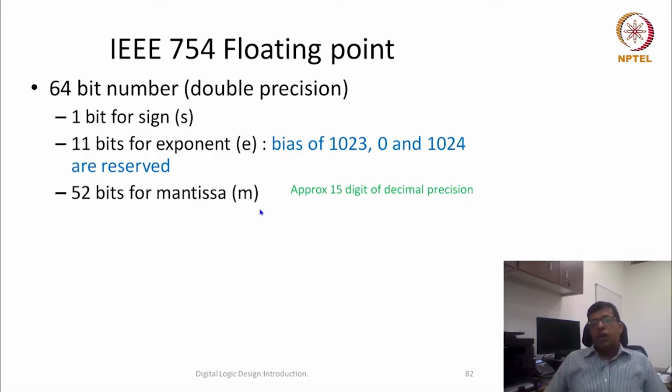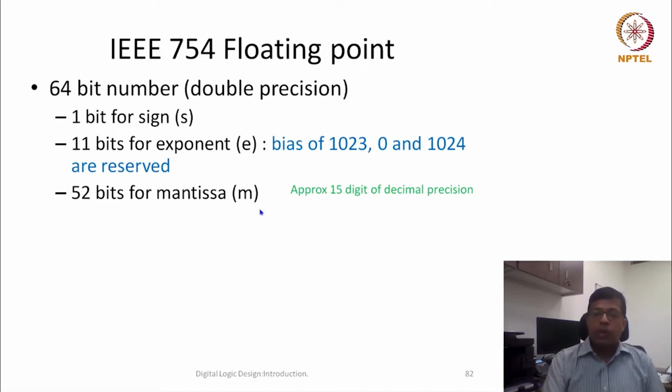Okay, so similar to this, you can keep this as an exercise for yourself: after this lecture, try to find out yourself what is the largest double precision floating point number that you can represent and what is the smallest double precision floating point number that you can represent.